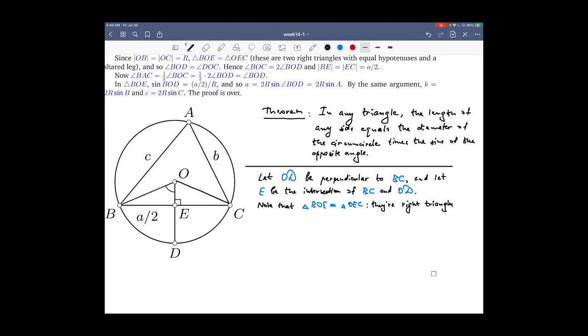The right triangles share the leg OE, and their hypotenuses BO and CO are equal.